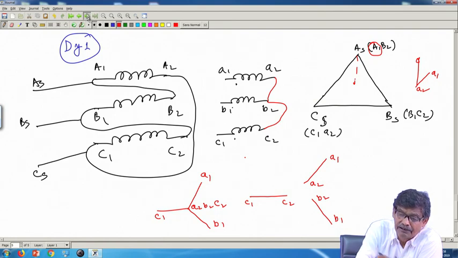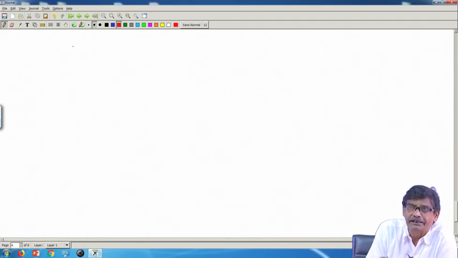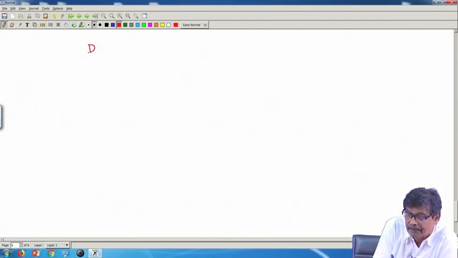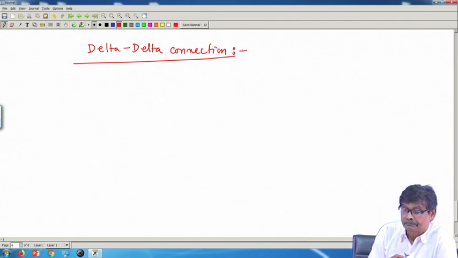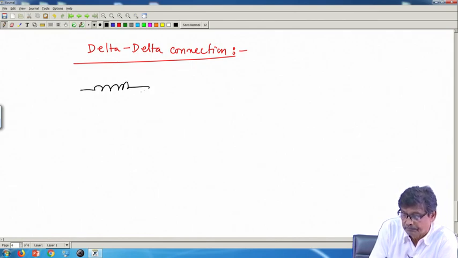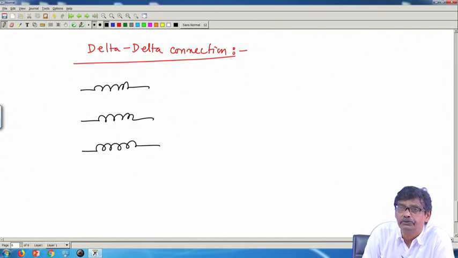Similarly, the last connection here is the delta delta connection. Star star connection is so simple. This I will just mention: delta delta connection. See, I have not yet told you which connection to use in what application.